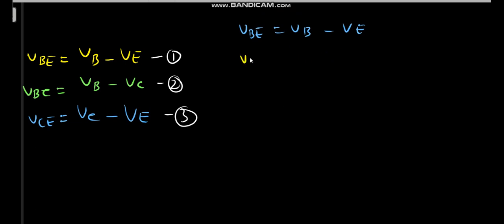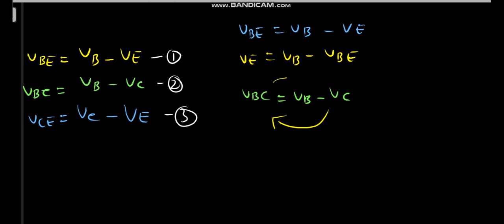Then I'll have VE equal to VB minus VBE. Now the second equation, VBC equals VB minus VC. Here we want to make VC the subject, so I take VC to this side and VBC to the other side. This gives me VC equal to VB minus VBC.